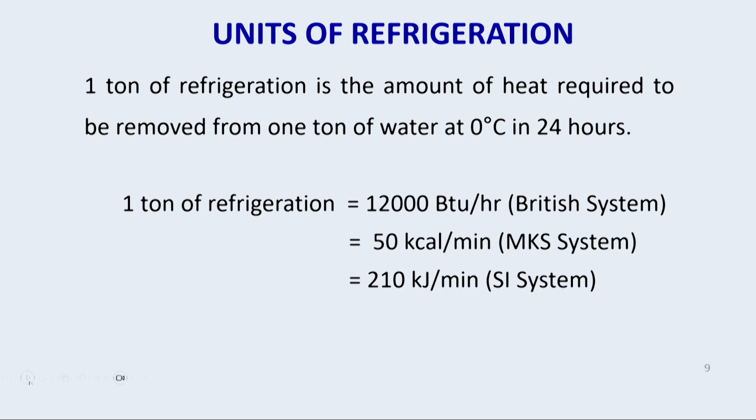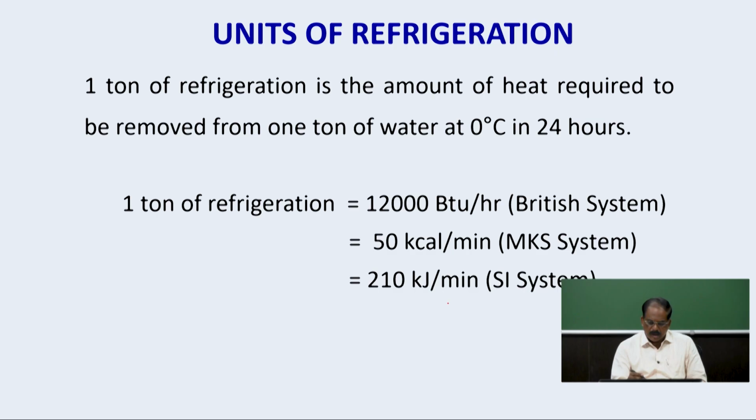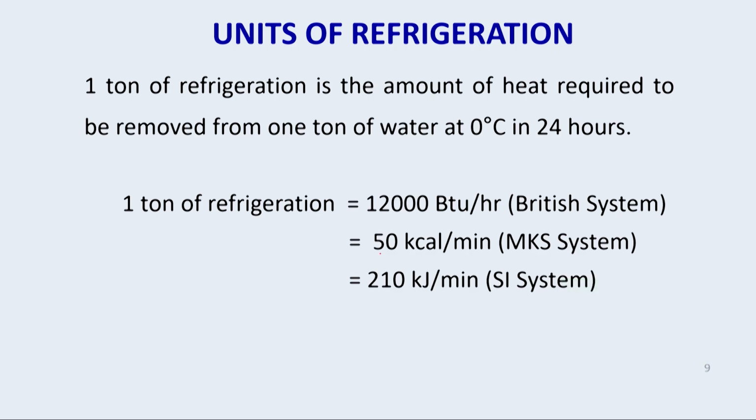So 1 ton of refrigeration I have given in different units. In SI unit, it is 210 kilojoule per minute. In MKS unit, it is 50 kilocalories per minute. 1 kilocalorie is 4.18 kilojoules. So if you multiply 50 kilocalories by 4.18, you will get around 210 kilojoules per minute.